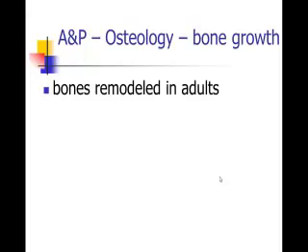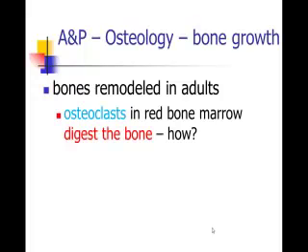Okay, so I think most people figure that once you're grown up and you're not growing taller anymore, that your bones are rather static. But that's not actually true. Your bones are being remodeled all the time. It's subtle, it's a slow process, but they get remodeled because of stresses that are applied to them. For example, if you run or you stress your bones through exercise, they actually become stronger.